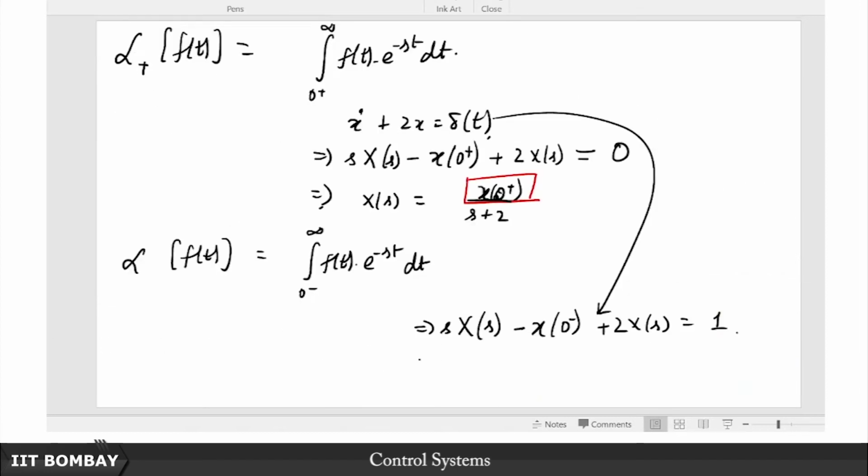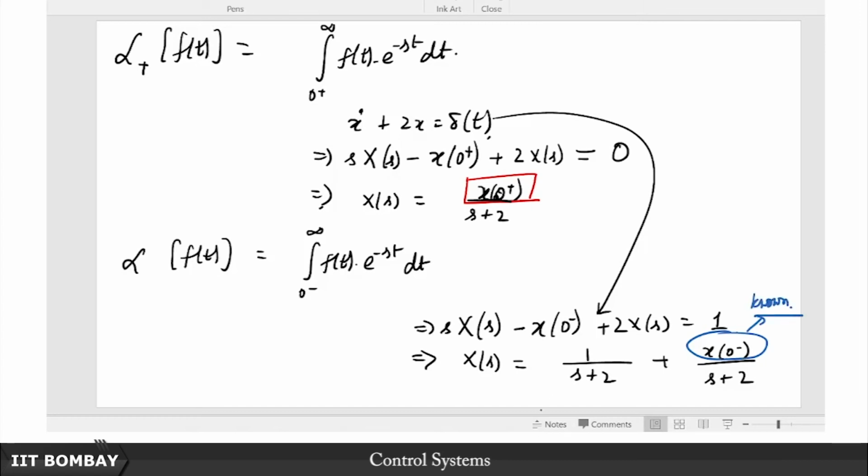And what do we get after this? Right? So we can write, again after simplifying, x(s) as 1 over s plus 2 plus x 0 minus over s plus 2. Okay? And we are done, because this is a known commodity to us. Remember that we know this.